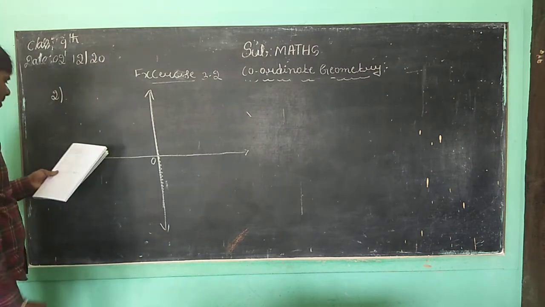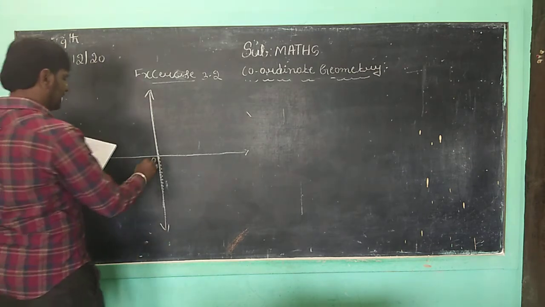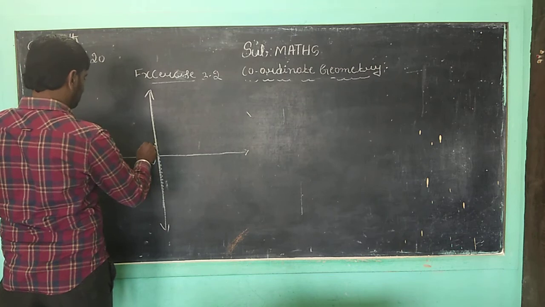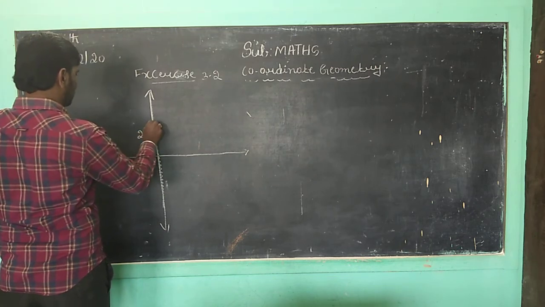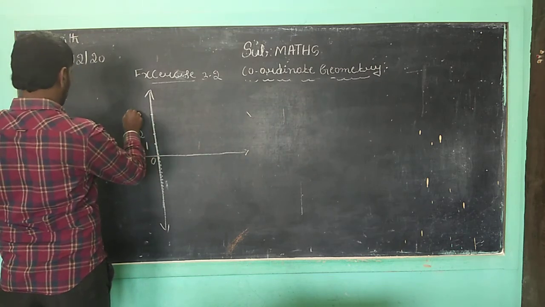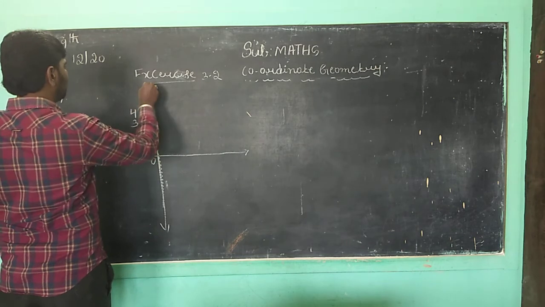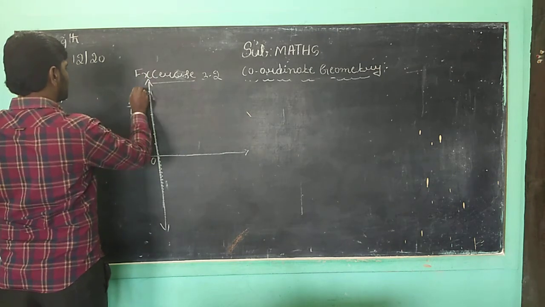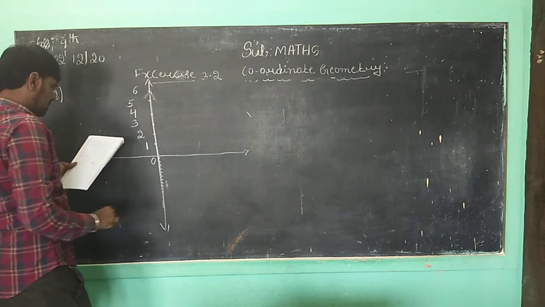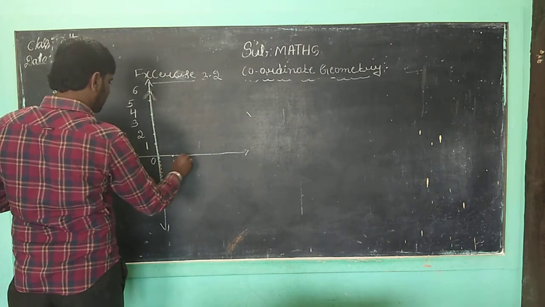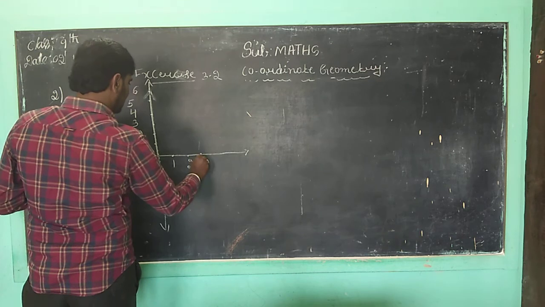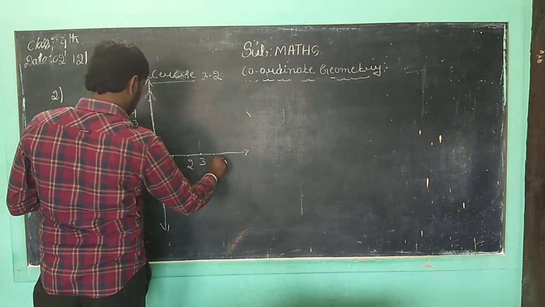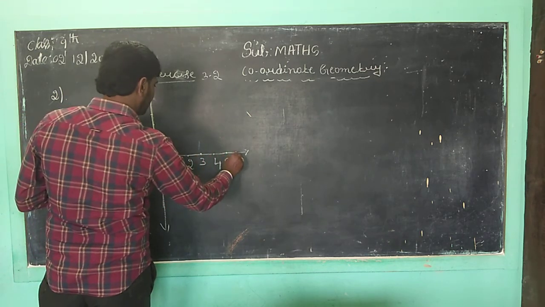Okay, children. Very simple. Now you want to represent this as 0 and this as 1. This is 2, this is 3 and this is 4. Correct, children? And this is 5 and this is 6. Now you want to take here also 1, 2, 3, 4, 5 and 6.